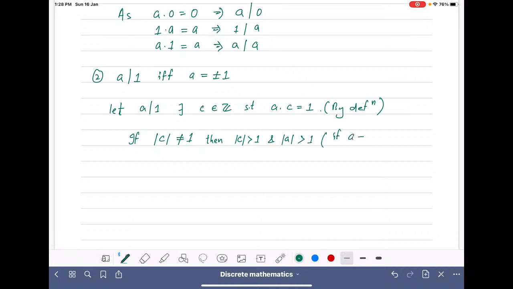Then mod a multiplied by mod c, which is mod of ac, is greater than 1. And it is a contradiction.